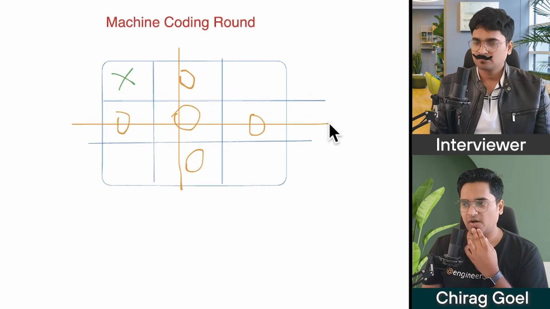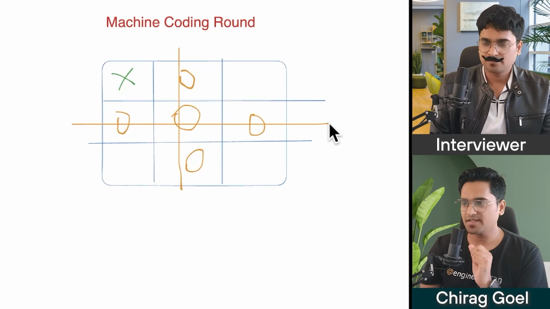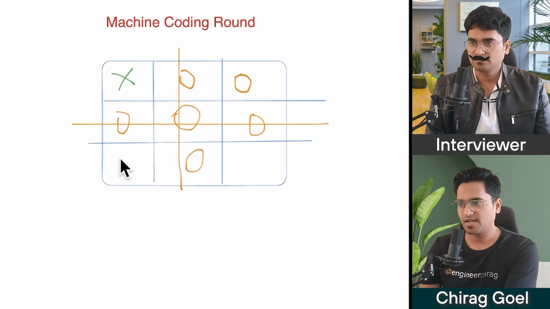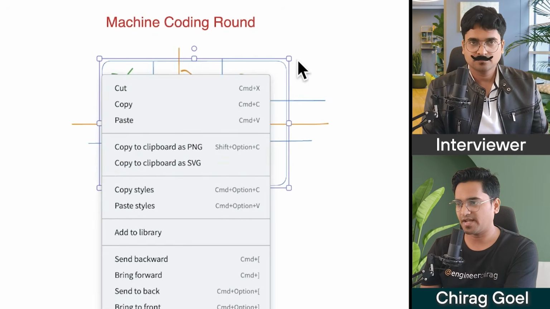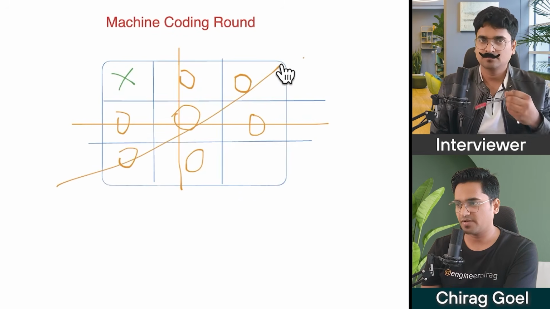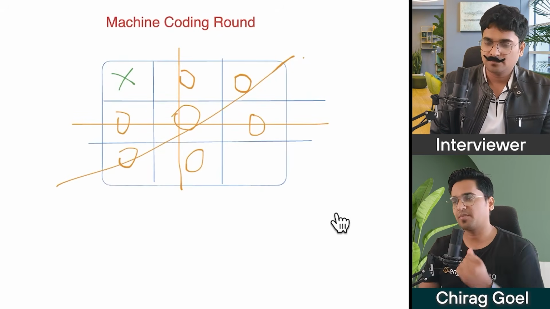Okay, I got this. Okay, are we also looking for diagonals in this case? As a matter of fact, if this gets completed and this is a diagonal, basically we are looking for, maybe this diagonal. Okay, so are we looking for this also, this and the other one? Okay, I got the problem statement.